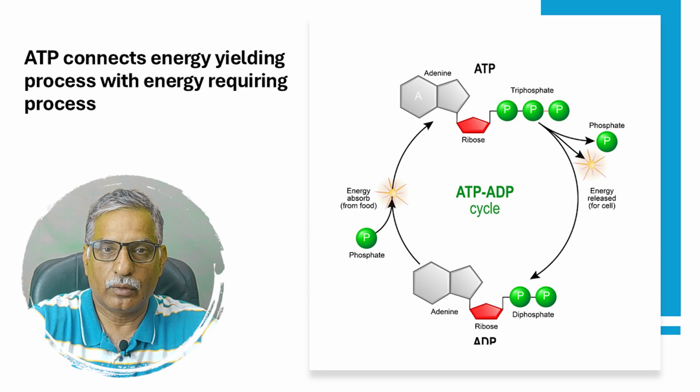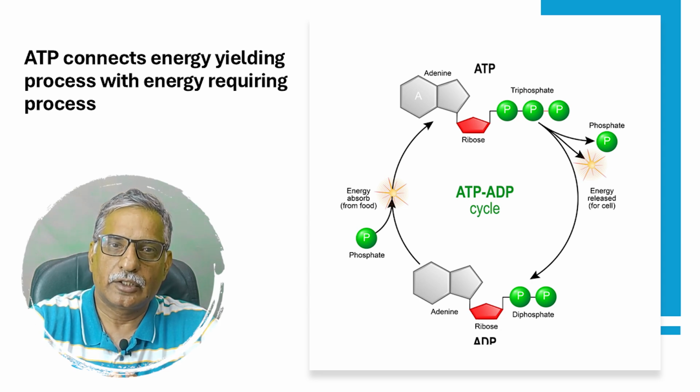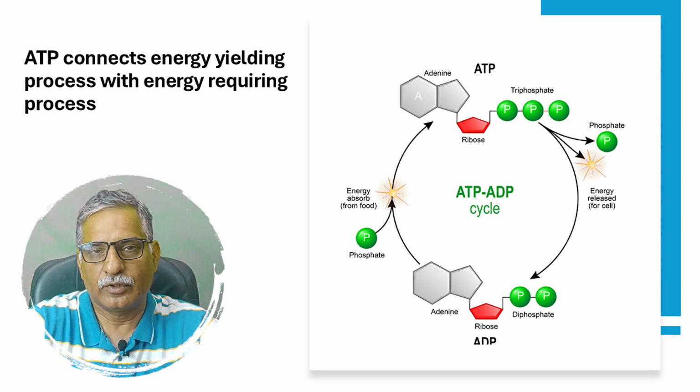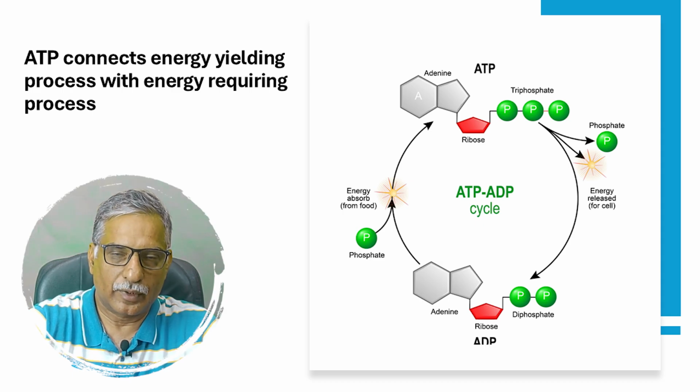The ATP molecule is also important because its raw material is abundantly available within the cell cytoplasm, within the mitochondrial matrix, and in the case of a plant cell, in the stroma of the chloroplast.